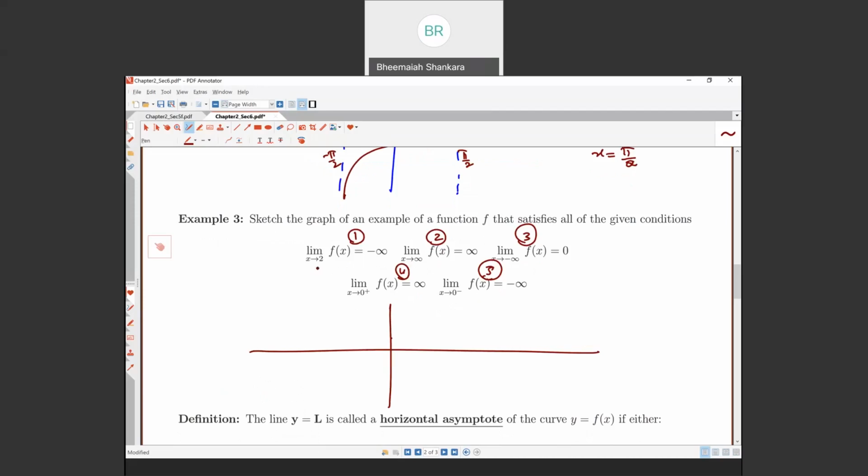When x is approaching 2, you have the functional value going to negative infinity. So I'm going to draw a vertical asymptote at 2. This is the asymptote at x equals 2. Then I'm going to mark infinity and negative infinity on the x and the y axis.